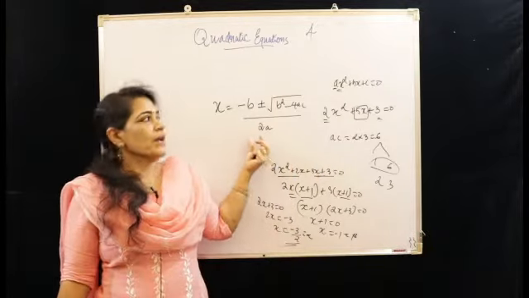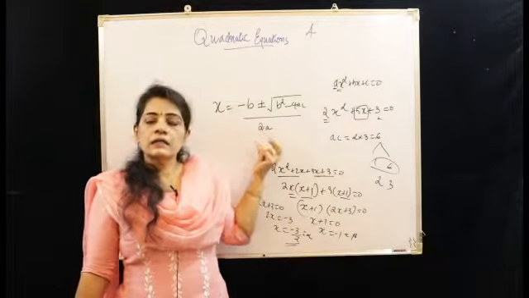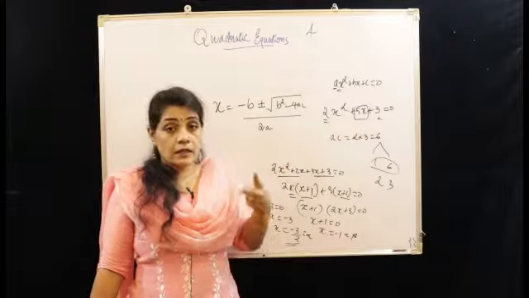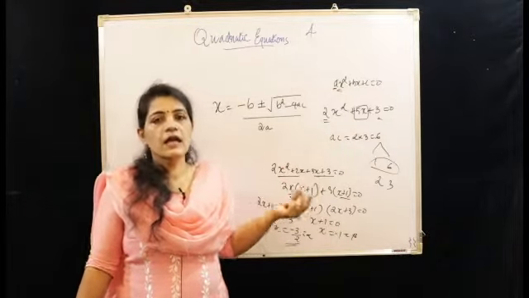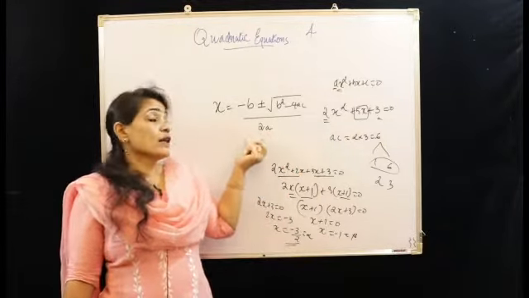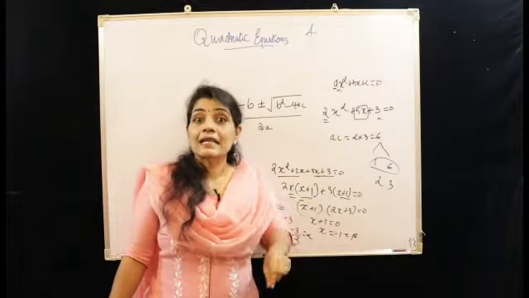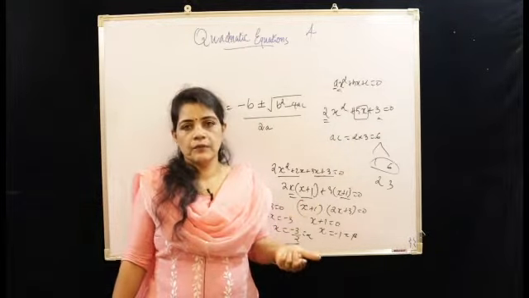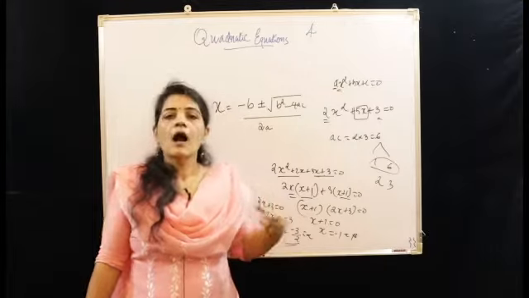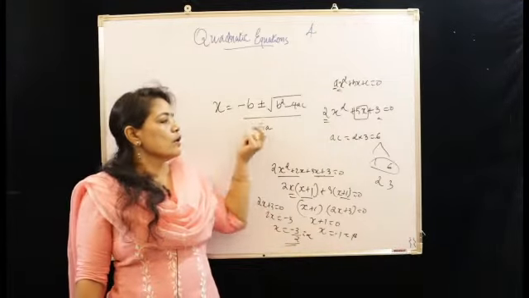Using this, you can easily get these values, that is alpha and beta, that means the two roots of the quadratic equation. This is the quadratic formula or Sridharacharya's formula. Both are the same. Using Sridharacharya's formula, we find the roots of the quadratic equation.